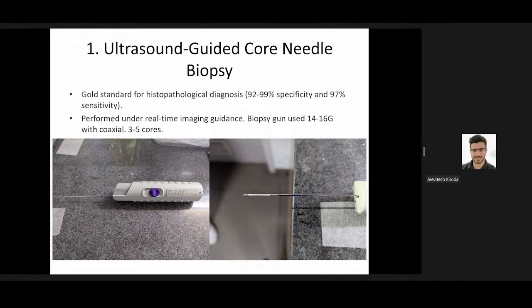So the image below shows a 16 gauge biopsy gun, automatic gun. The image on the right shows the loading area where the sample tissue is taken. In between is from where the tissue core will go. Automatic guns are usually preferred in most cases, although semi-automatic can be used where you have to manually push the cutting edge ahead and take a sample.